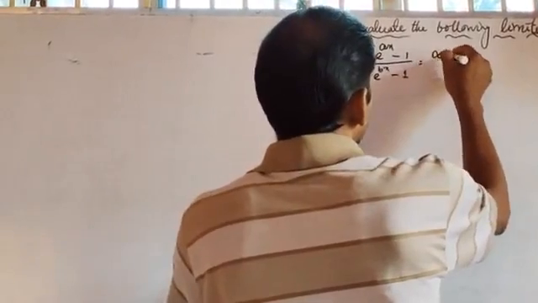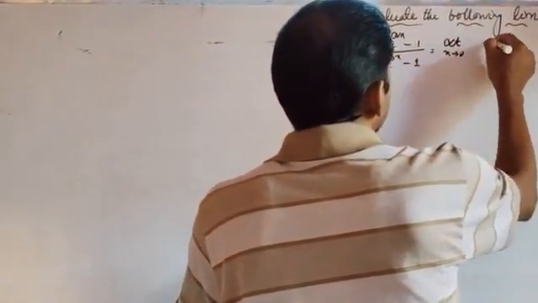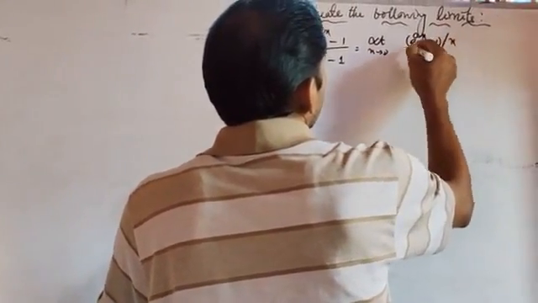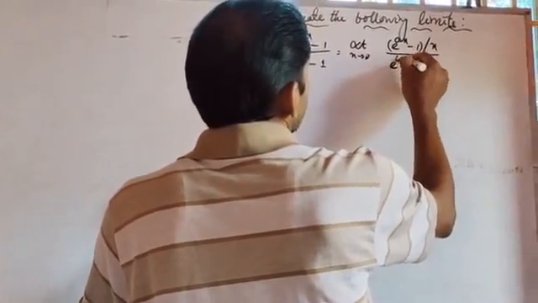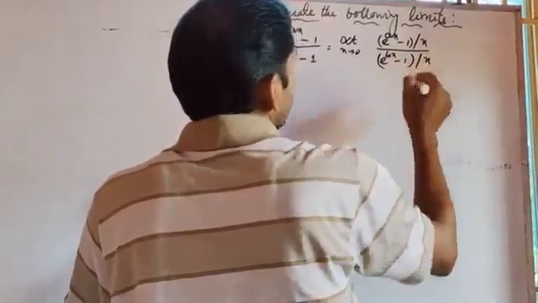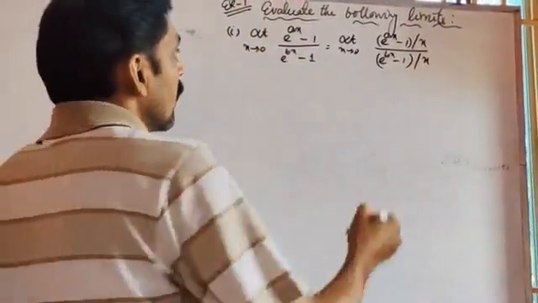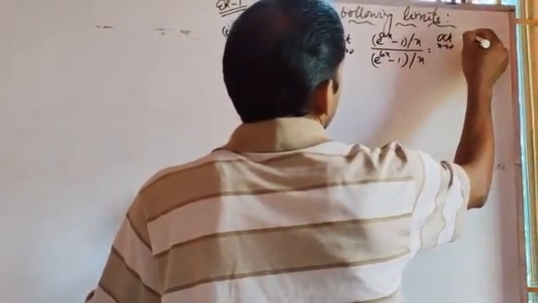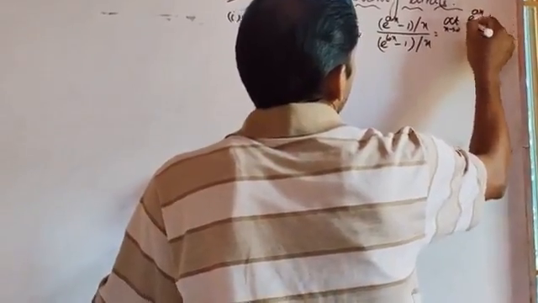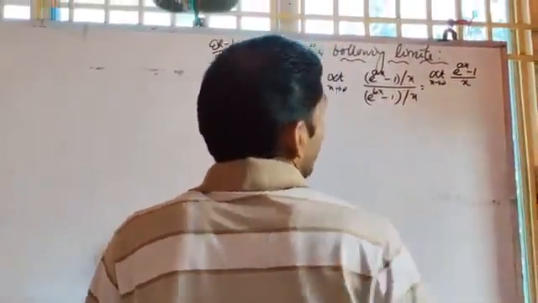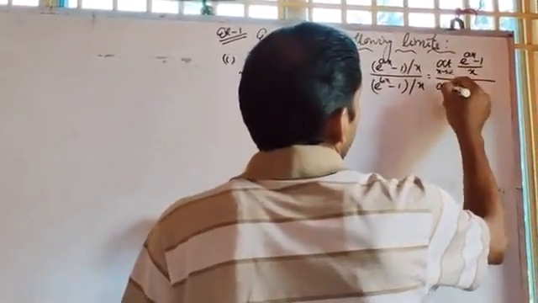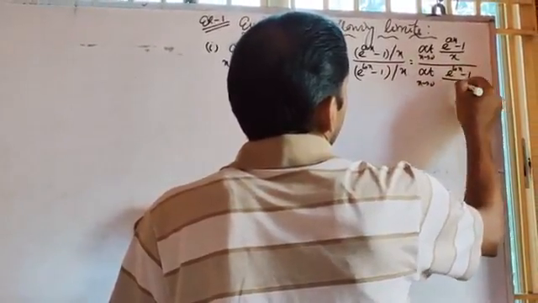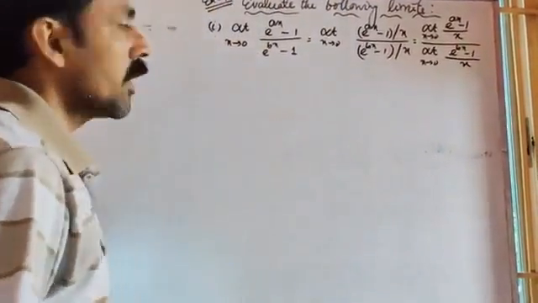So first of all, we will divide the numerator and denominator by x. Now by property, it is limit of the numerator by limit of the denominator.